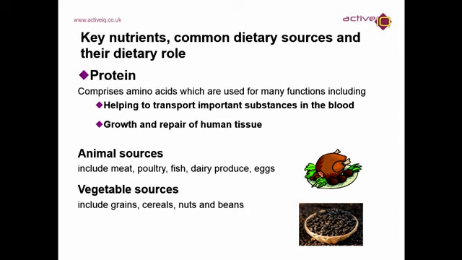So that's a better source of protein for us to be going for for the most part. There are different ins and outs to be aware of, but for the most part you'd want to go for a more lean protein source. You can get protein from some non-animal sources, so especially vegans and vegetarians will be looking to get their protein from grains, cereals, nuts and beans.